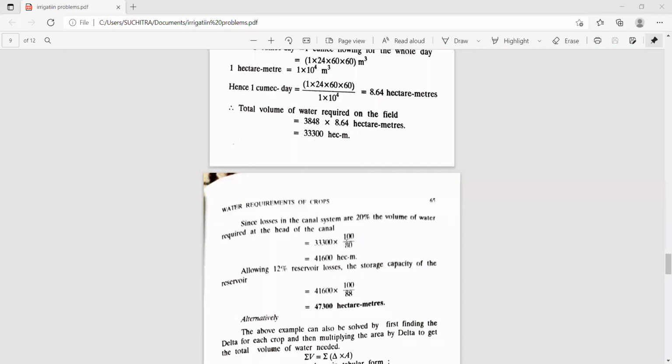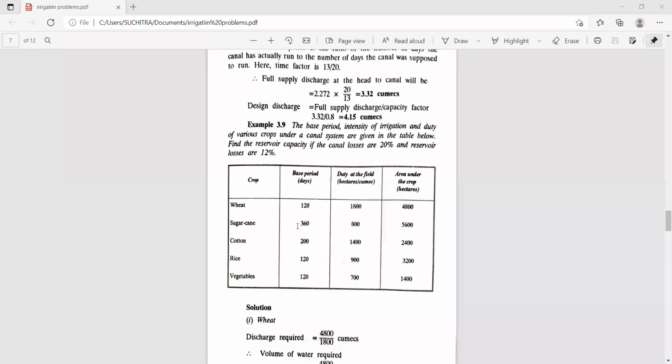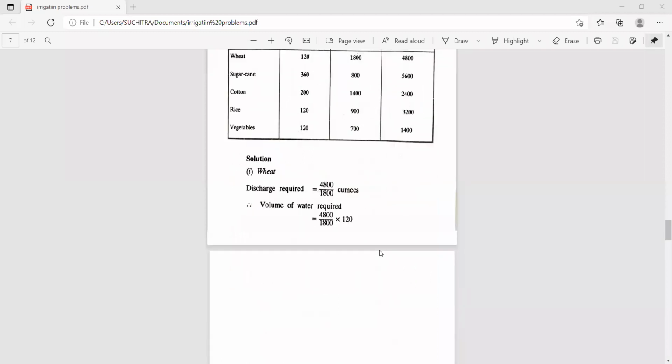So the volume of water required at the head of the canal is 41,600 hectare meter. Now, allowing 12% reservoir losses, the storage capacity of the reservoir required is 41,600 multiplied by 100 divided by 88, so it is about 47,300 hectare meter.